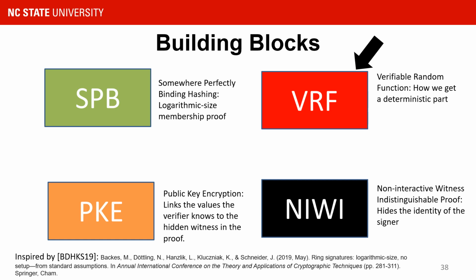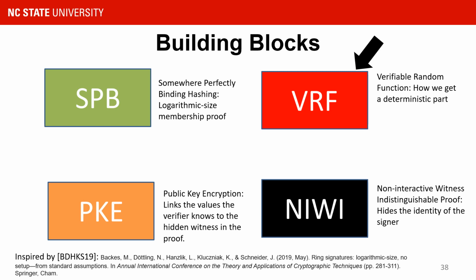We wanted to use this verifiable random function to be able to do the thresholding part. So Backes et al. have a ring signature scheme that is built off of somewhere perfectly binding hashing, public key encryption, and this non-interactive witness indistinguishability proof. And we just add this new element of the verifiable random function.